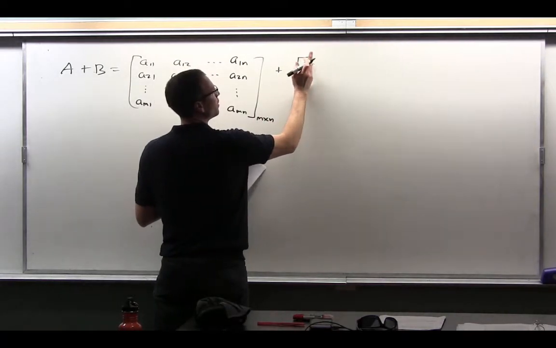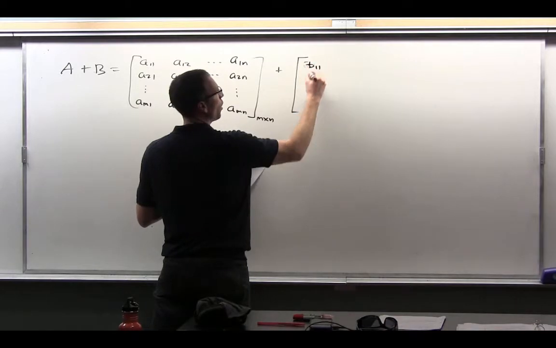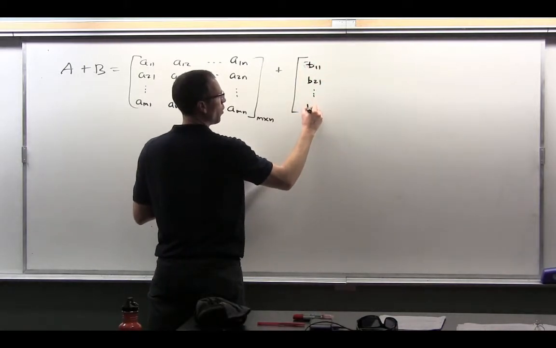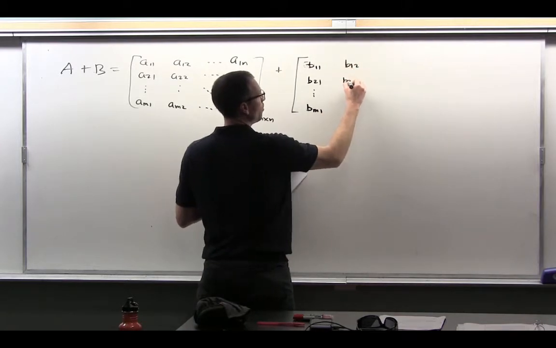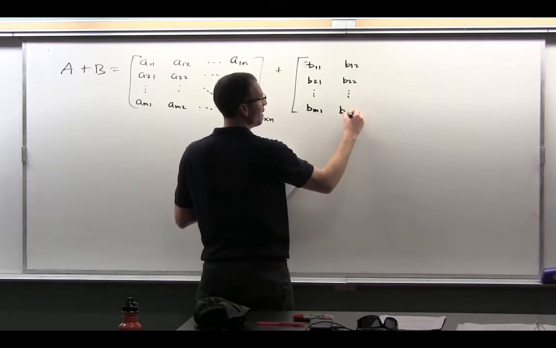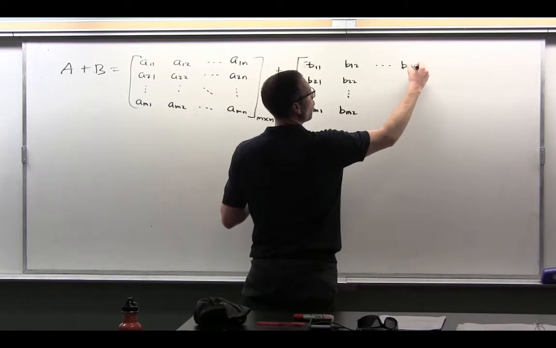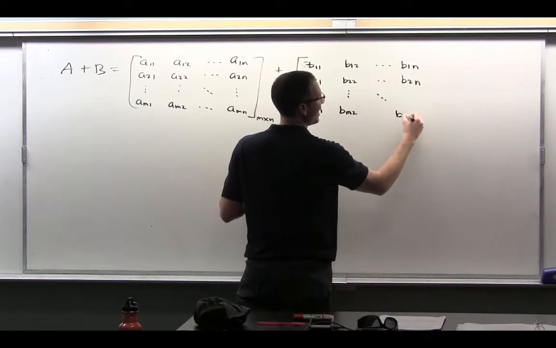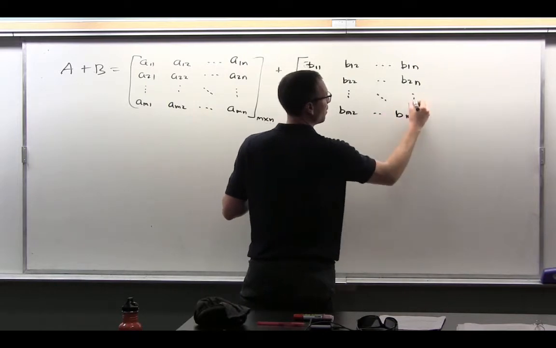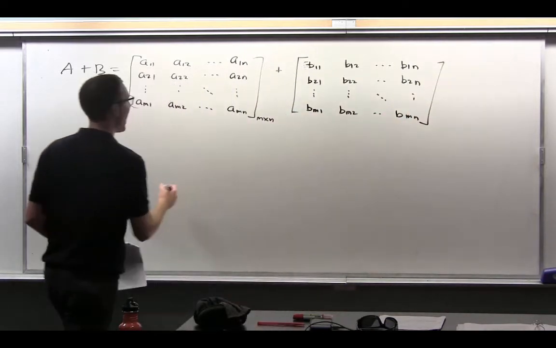Thank you. B11, B21, all the way down to BM1, B12, B22, all the way down to BM2, and then B1N, B2N, BMN. What do I do when I add those two?